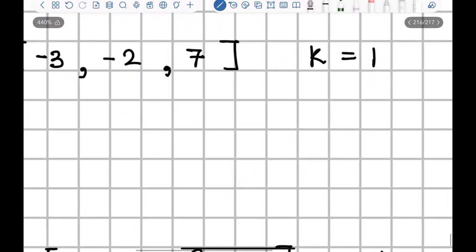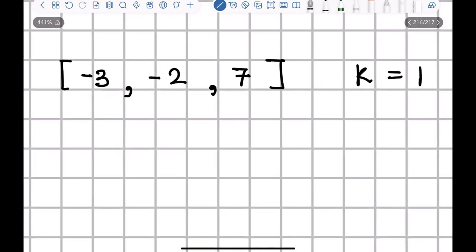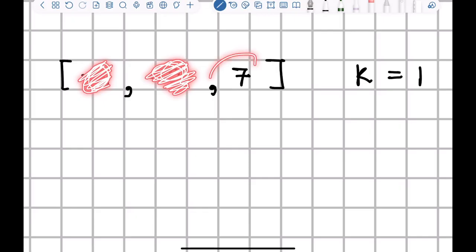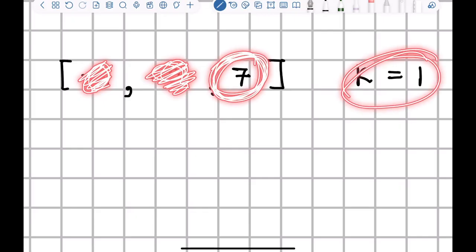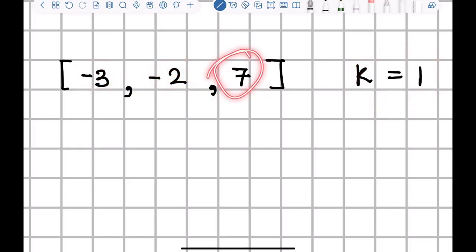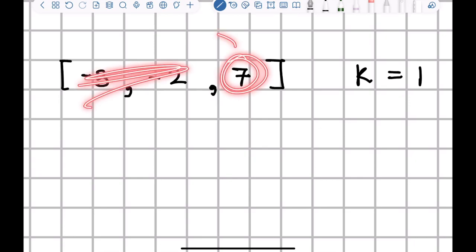Let us see one more example. Here I have two negative integers. These should be as is, and I just have one non-negative, which I have to rotate 1 time. Since I just have one non-negative integer, there is no other place for this to go.